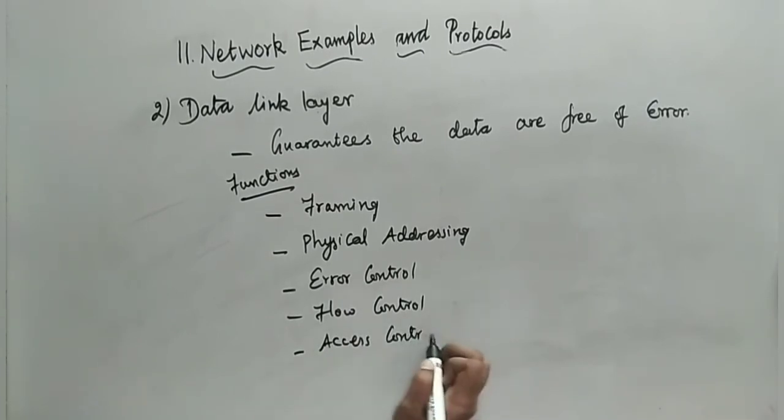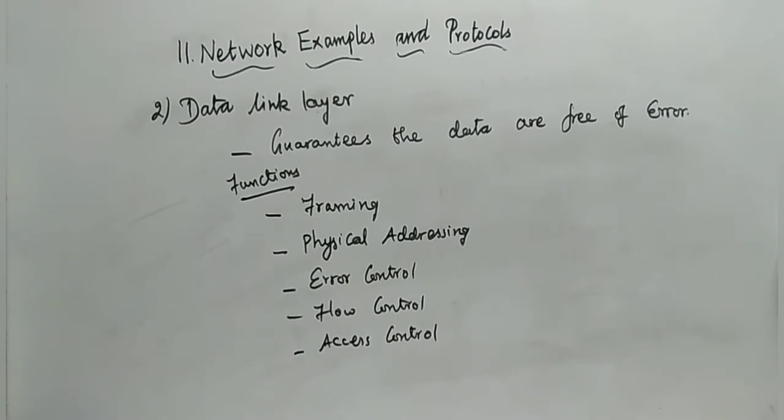So these are the functions in the data link layer, which guarantees that the data received or transmitted are free of error.